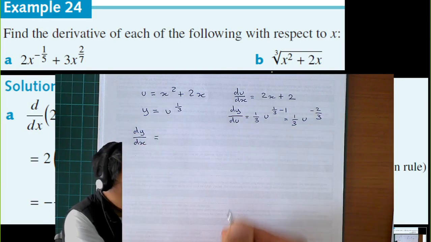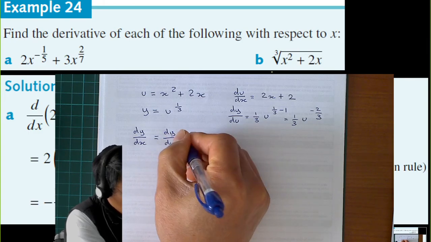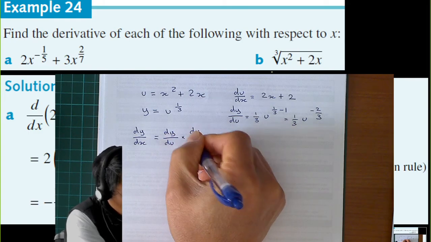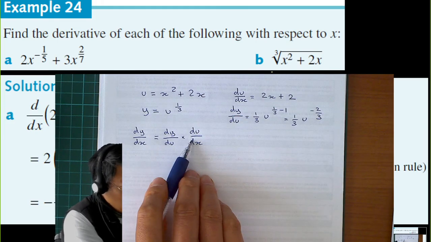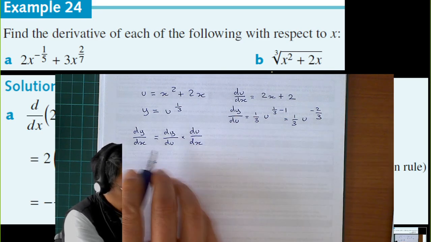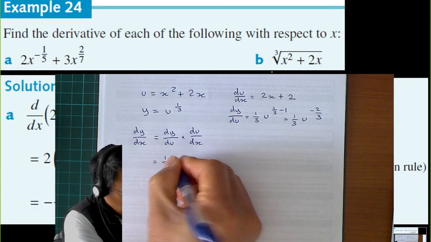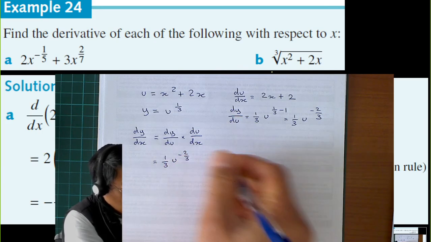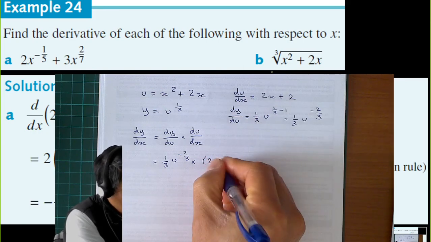Using the Leibniz notation, it's dy over du times du over dx. Dy over du, we find over here. Du over dx, it's already calculated over there. So I'm going to write dy over du, it's 1/3 of u to the power of negative 2 over 3, times du over dx, which is 2x plus 2.